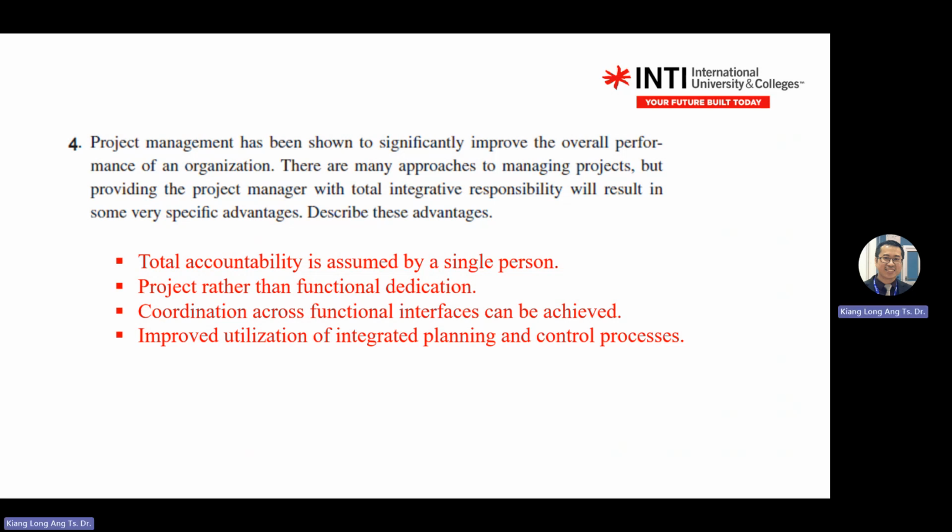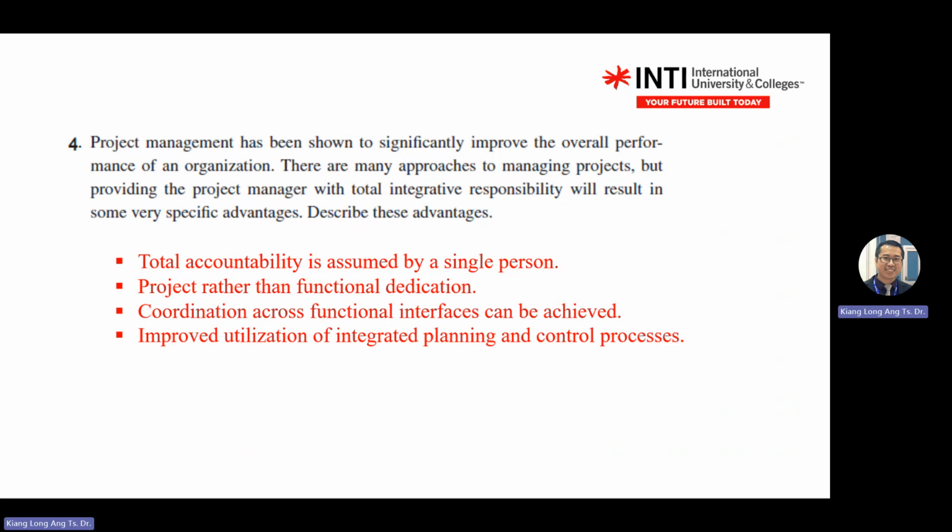So advantages, accountabilities. We talk about project rather than functional. He mentioned a keyword here: manager with total integrative responsibilities.